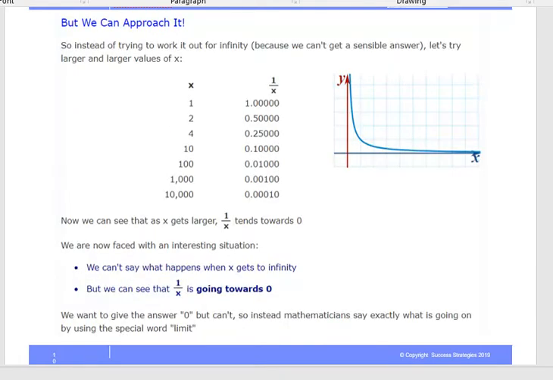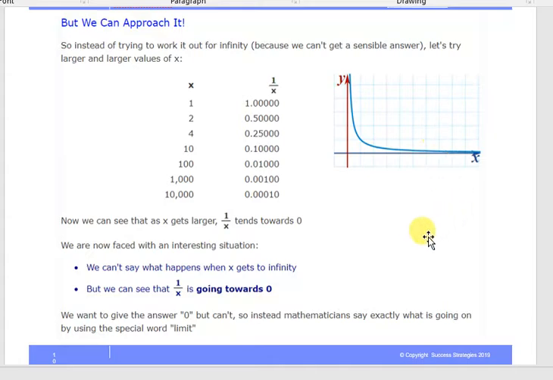As you can see here, again I have taken the graphical approach. I have increased the value of x. I started with 1 and as you can see, I am increasing the value of x. As I am increasing the value of x, the reciprocal of x is gradually decreasing. And with the graph, you can see that it never goes to 0 or is never exactly 0, but it is actually approaching 0. And that is why we say that whenever x tends to infinity, 1 by x tends to 0.